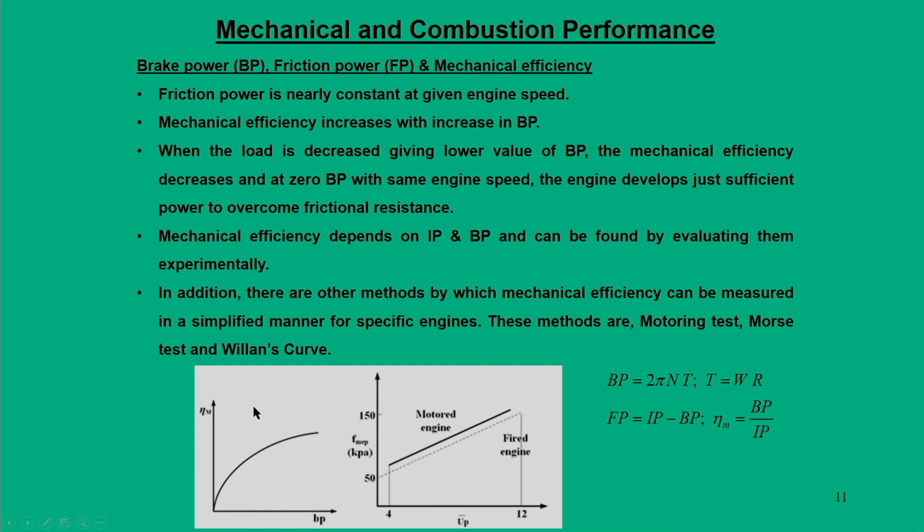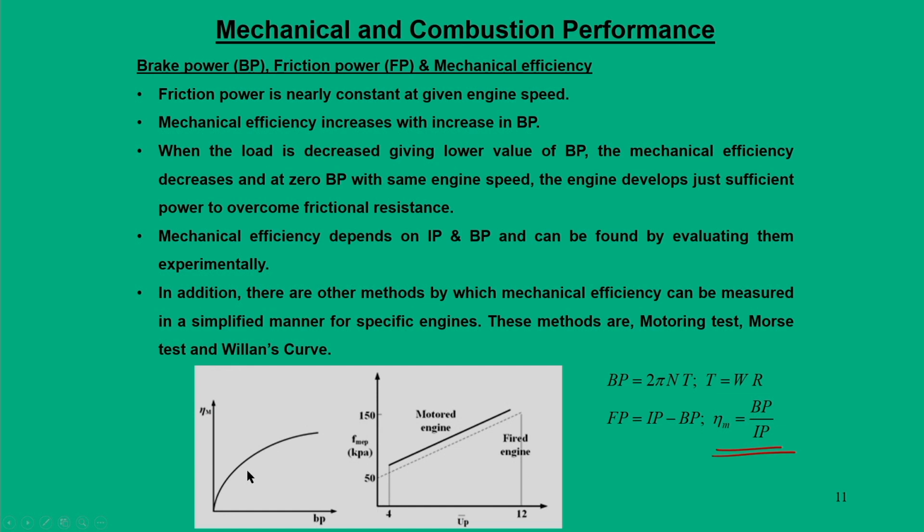Mechanical efficiency is the ratio of brake power to indicated power. Of course, indicated power is a fixed number, so brake power has to change with the mechanical efficiency, and typically this is not a straight line, because the friction power is also playing another culprit. So, it is not a linear trend.